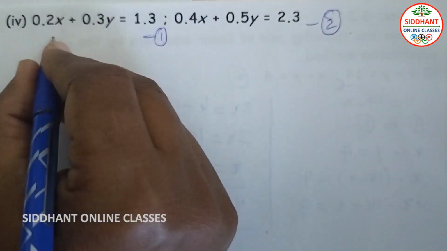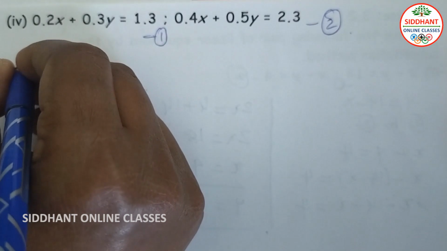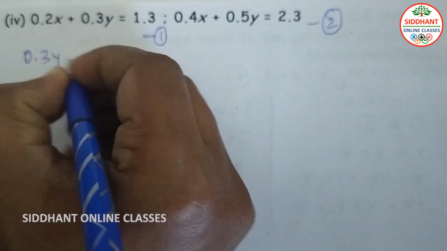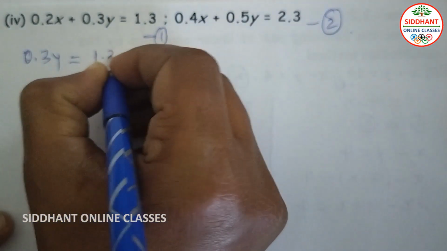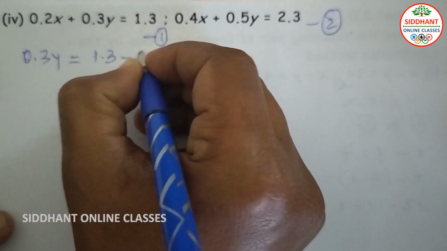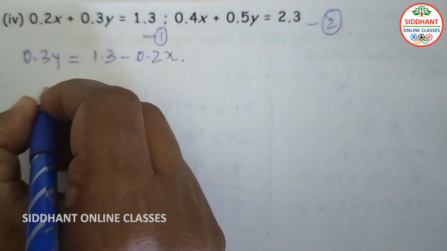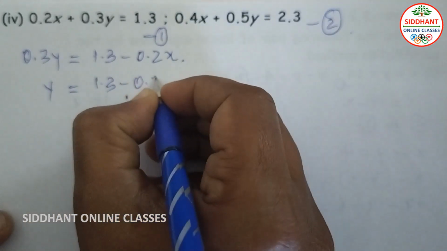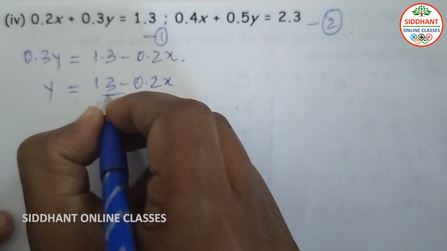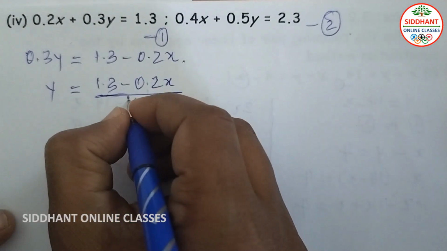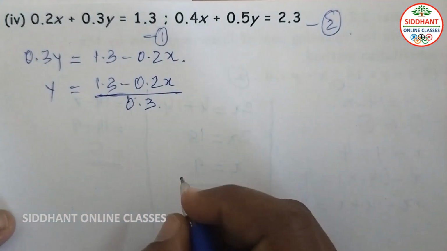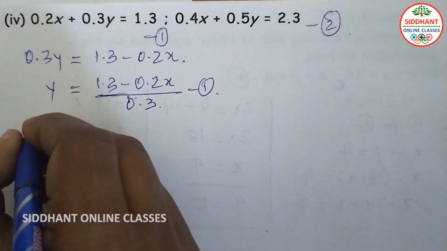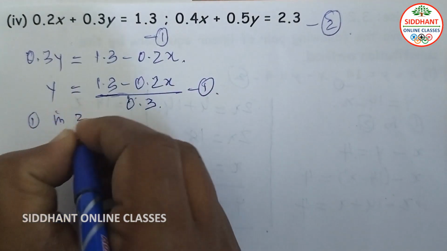In the first equation, 0.3y equal to 1.3 minus 0.2x, then y equal to (1.3 minus 0.2x) by 0.3. Now substituting this value, equation 1, in equation 2.